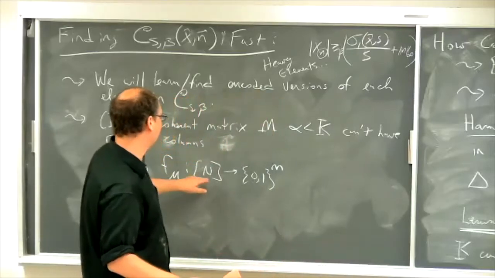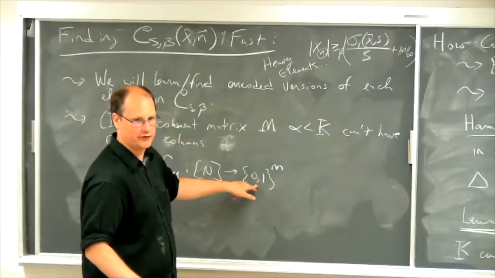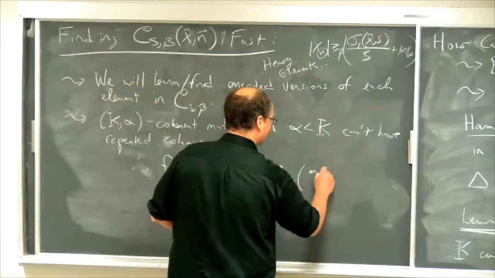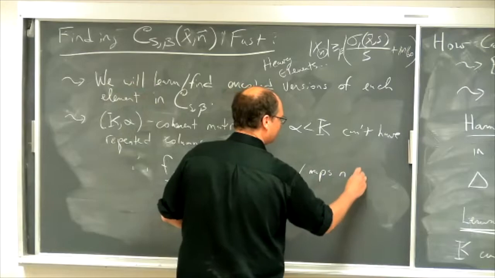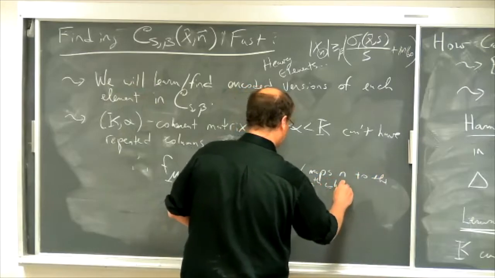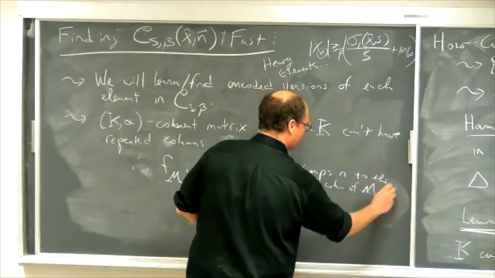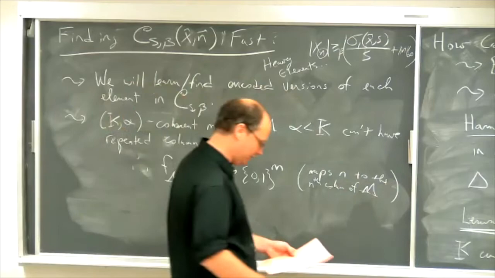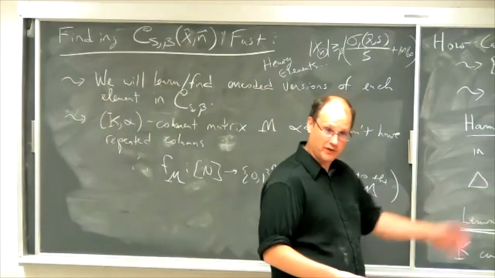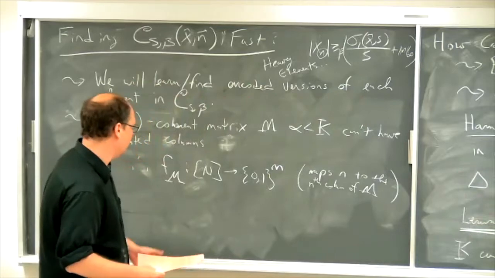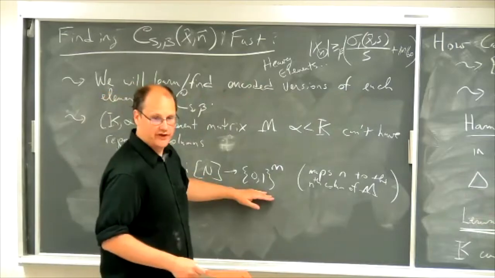So this is taking a column number and it just spits out the column of M, right? So this maps n to the nth column of M, right? Really simple. Any matrix you write down is this function being written out on the chalkboard. This is always going to exist clearly.